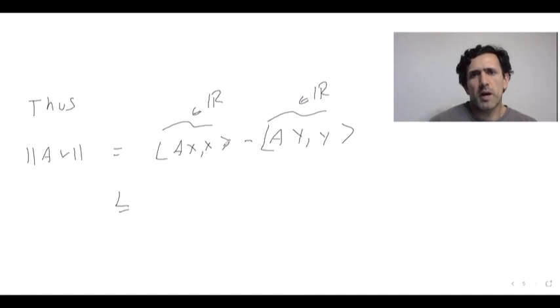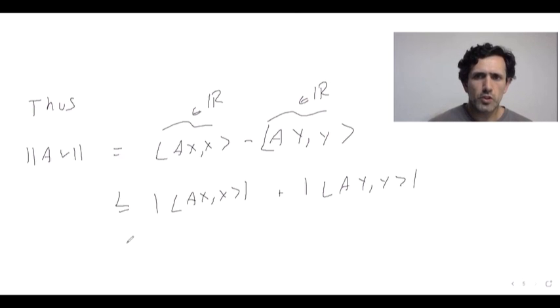We know this by just this equality here, and we know that because A is self-adjoint. So we can take that the norm of AV is equal to this, which is less than or equal to its absolute value, and then use triangle inequality. So it's |(AX, X)| plus |(AY, Y)|.